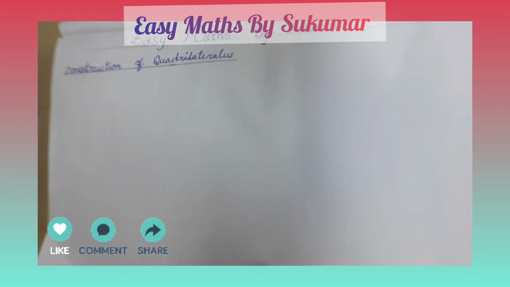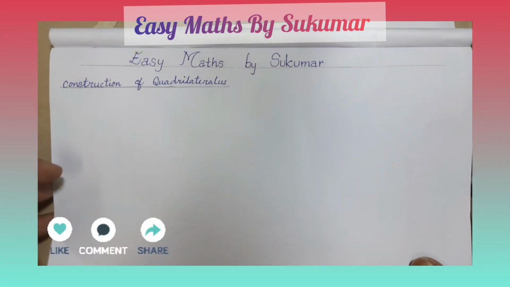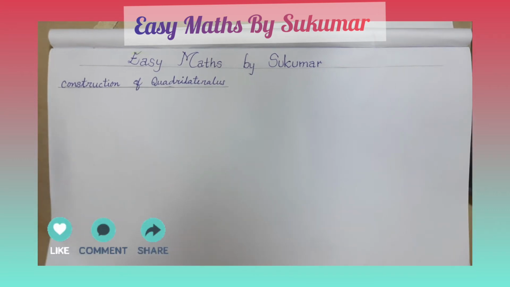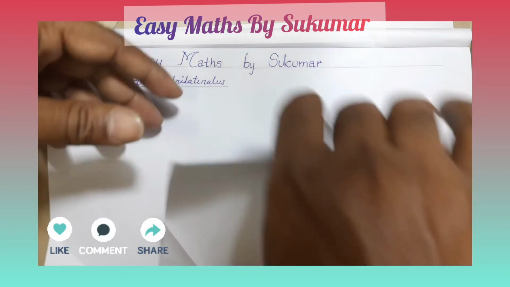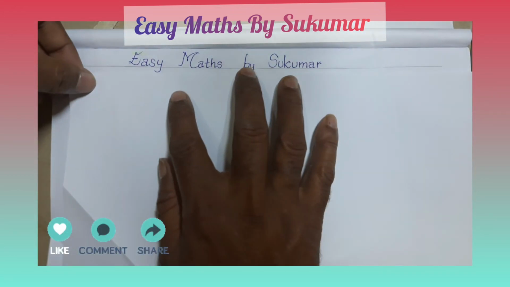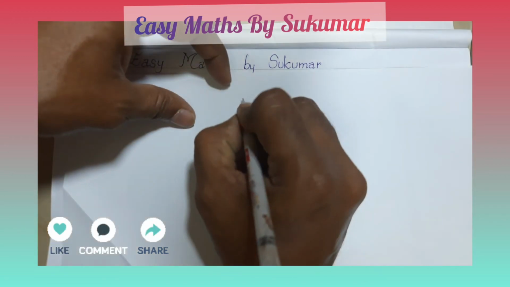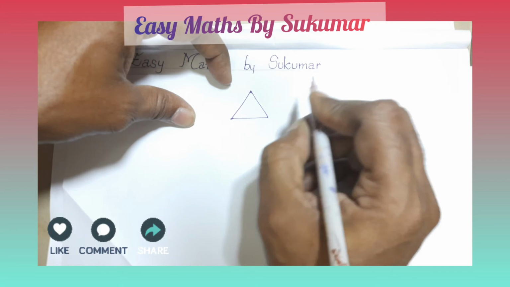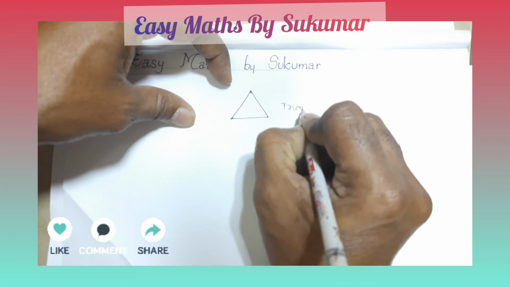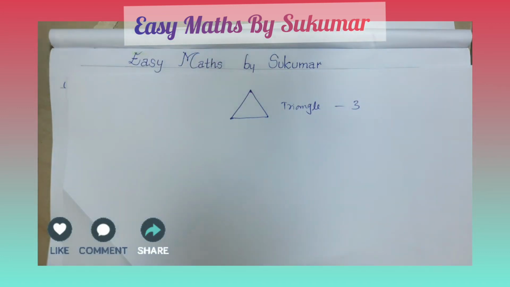The construction of quadrilaterals. Before we learn the construction of quadrilaterals, my dear students, let me tell you one important thing. See here, actually to construct a triangle, we need three independent measurements.